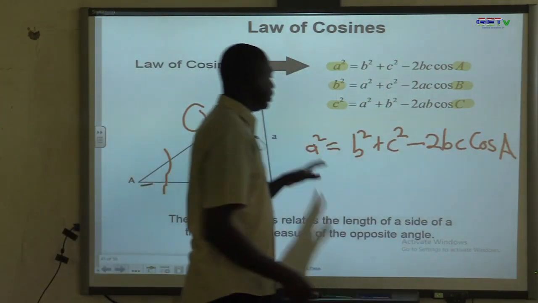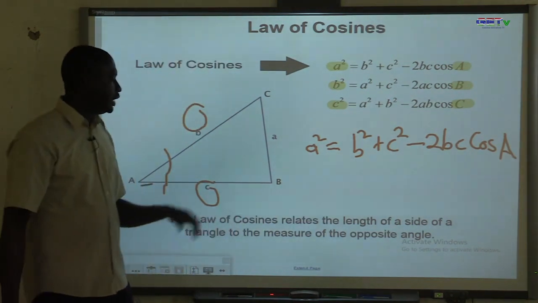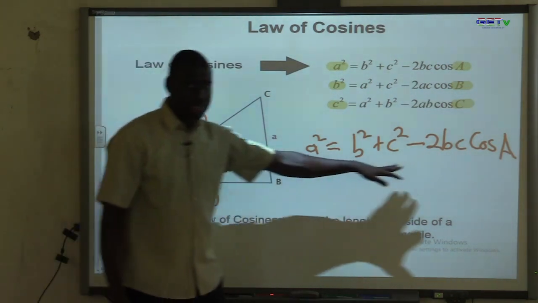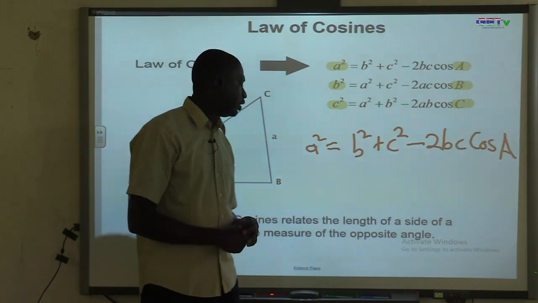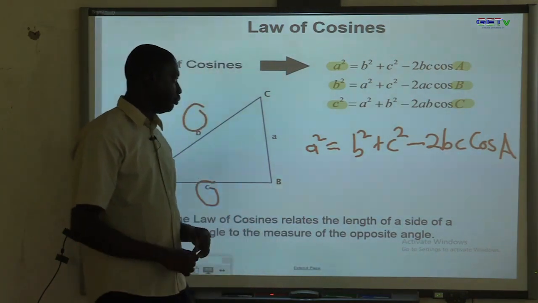This is the formula to find the length of a. You will solve this, and at the end, you will find the square root, and that will give us the value of a.